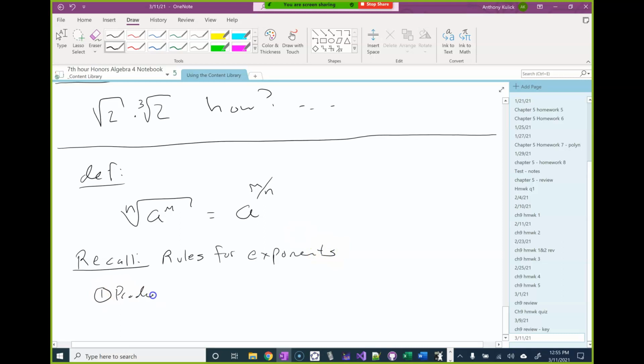So there's a product property. It says a to the n times a to the m is equal to a to the n plus m. You guys remember that? Like x squared times x to the third is x to the fifth.